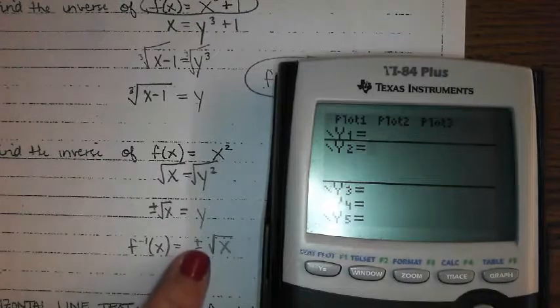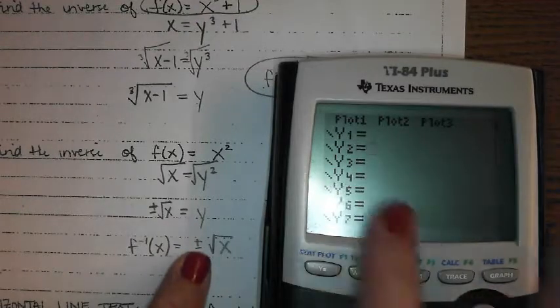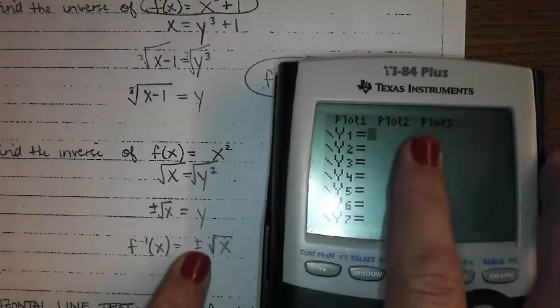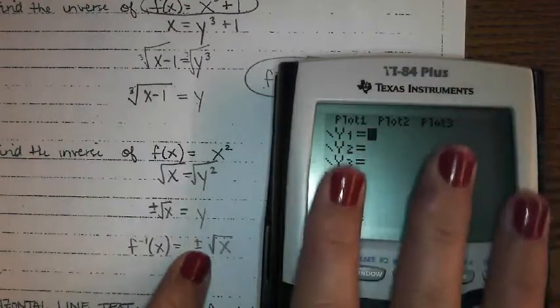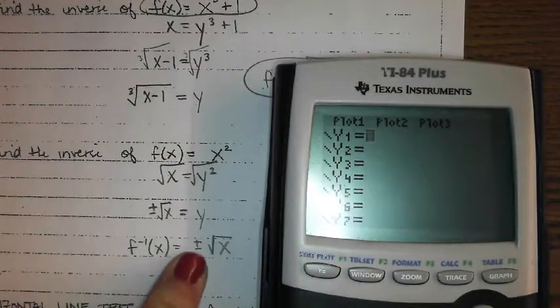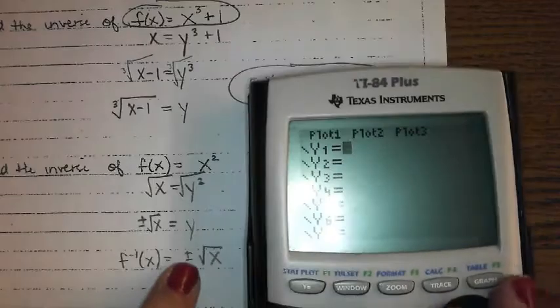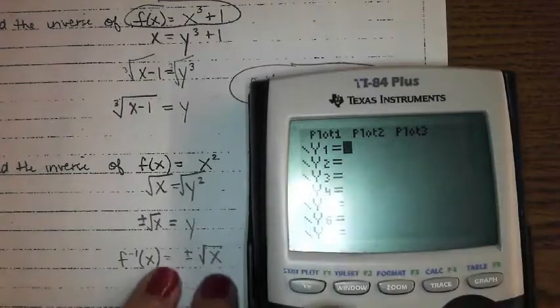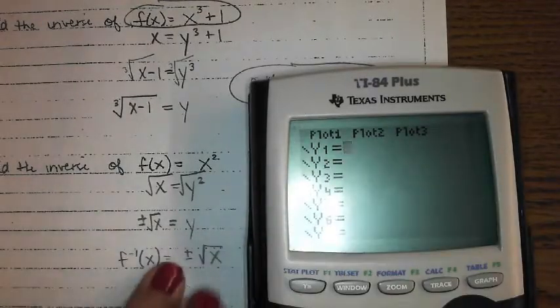But this one, in order to type that into your calculator, as long as you're working on the 84, it only graphs things that are functions. And so you're not really allowed to type this in all in one shot because it's not a function in its entirety.